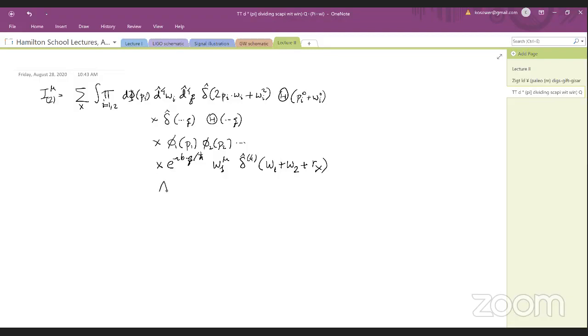And of course, we have the amplitudes, again, the two different copies of the initial state going into the same final state.